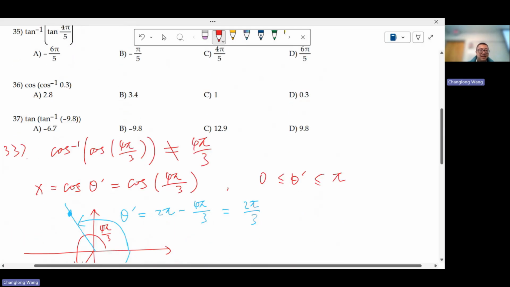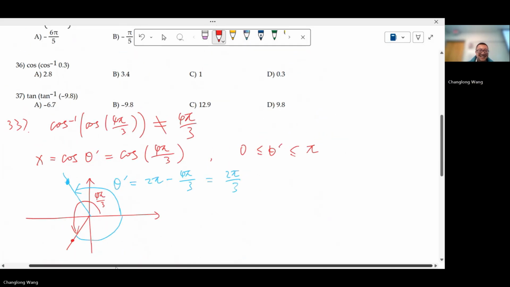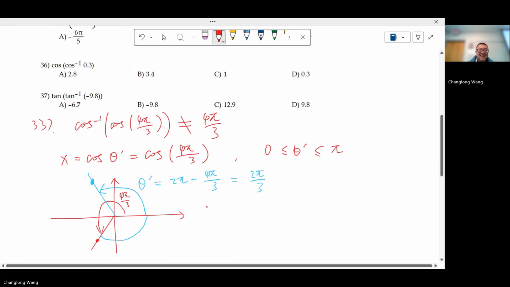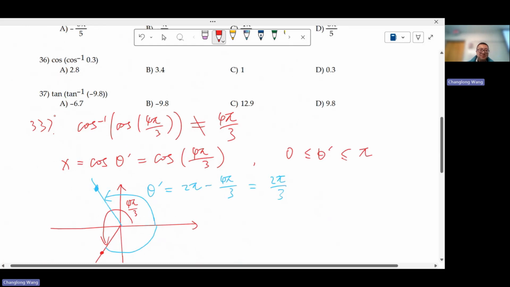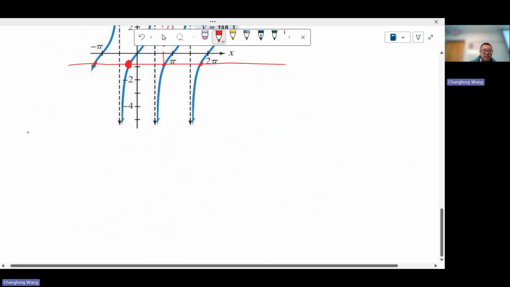I thought that tangent is better. Oh, no. All right, no. You know what? 37 is a good one, and you'll see in a second why, because it might be a trick question.